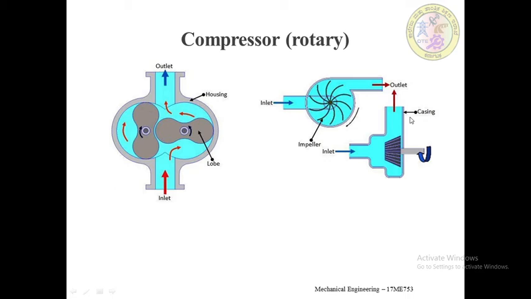This kind of device is needed for very low pressure applications, meaning a very large volume of air to be compressed. This kind of device is used in ventilators and combustion engines like the CI engine. Sometimes turbocharged engines also utilize this kind of device.